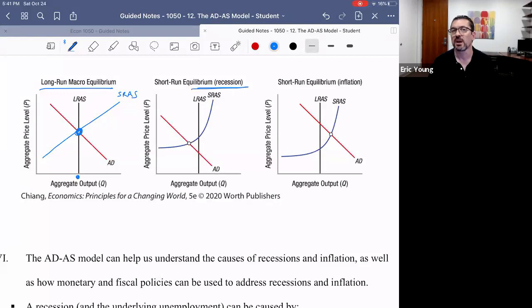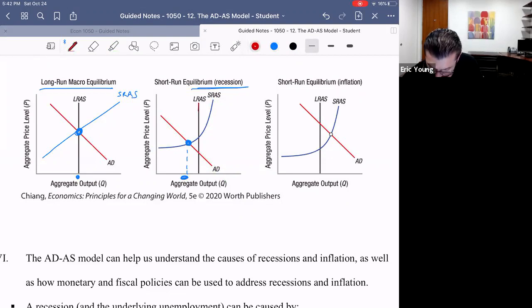On the other hand, right here, we see a different situation. In this one, let's go with some highlighter to get some contrast here. We see that the SRAS and the AD curves, that's our short run equilibrium, is here. If you drop that down, this right here in blue is our actual output.